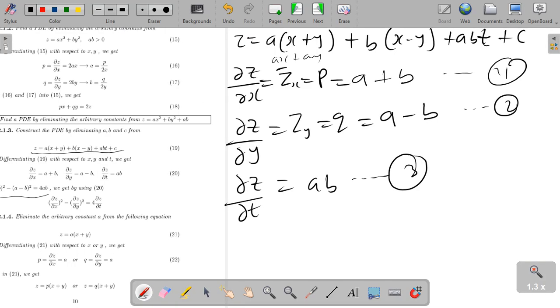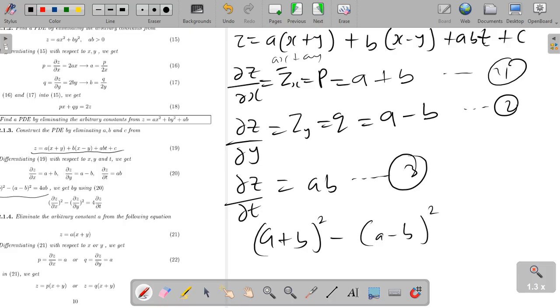So now, we know. Let us square this. We know that a plus b all squared plus minus a minus b all squared. If you open this bracket, see that this is going to give you, let's see what it's going to give us.